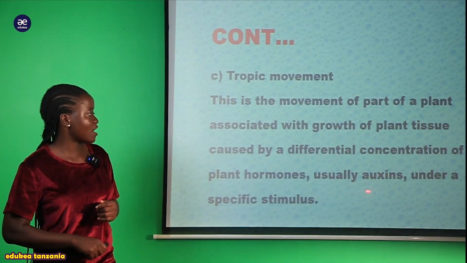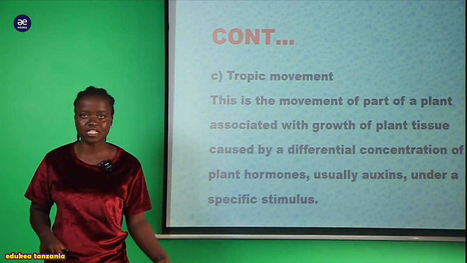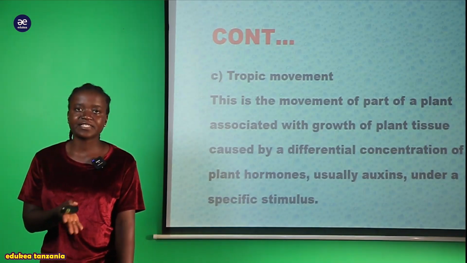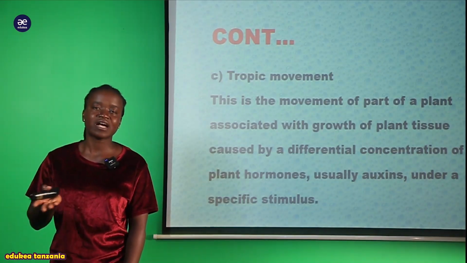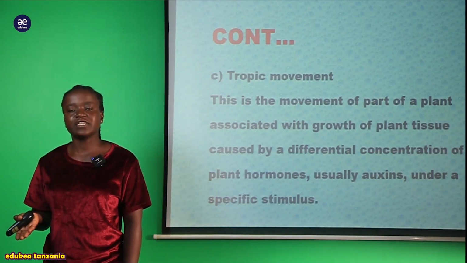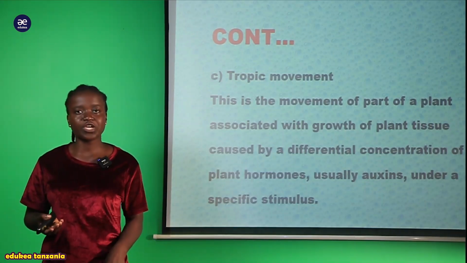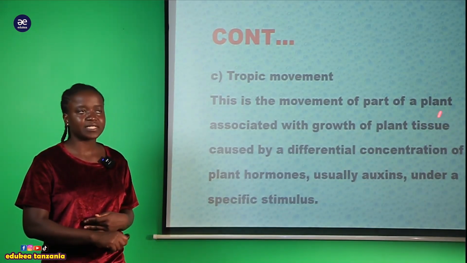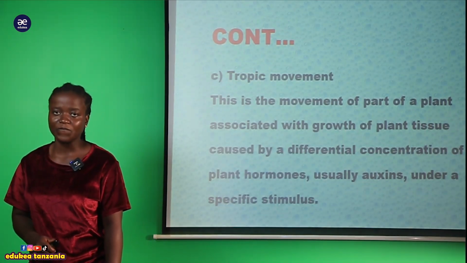Tunasema kwamba auxin hormone under specific stimuli. The stimuli can be light, chemical, or gravity. All of those, under high concentration of auxin, can cause a tropic movement.